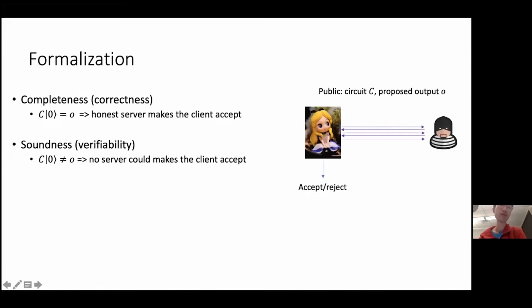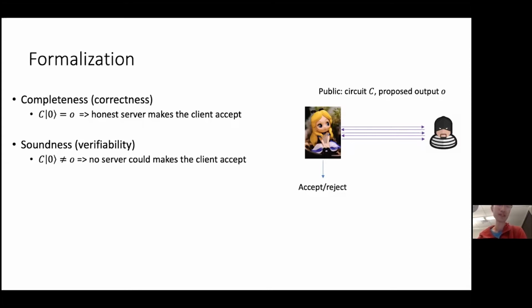The minimum requirement for this problem is completeness and soundness requirement. For completeness or correctness, it means if the proposed output is correct, and if the server is honest, which means it follows the protocol, it will make the client accept.